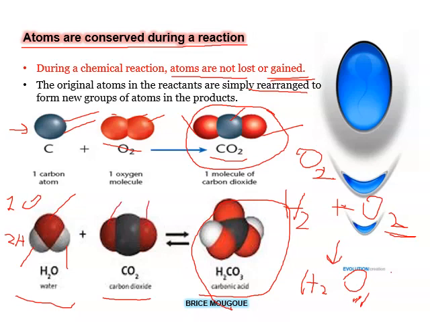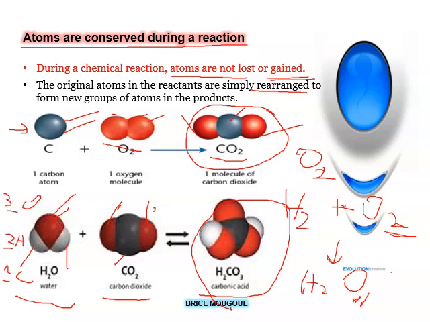So on this side already, I'm no longer with 1 oxygen atom. I'm already with 1 plus 2. That should give me 3 atoms of oxygen and 1 atom of carbon. So this side here comes with 3 atoms of oxygen, 2 atoms of hydrogen, and 1 atom of carbon.